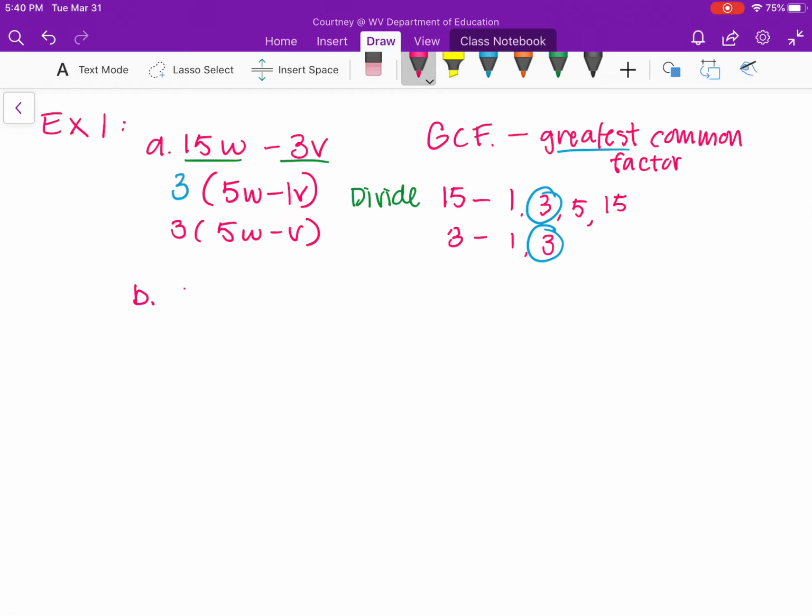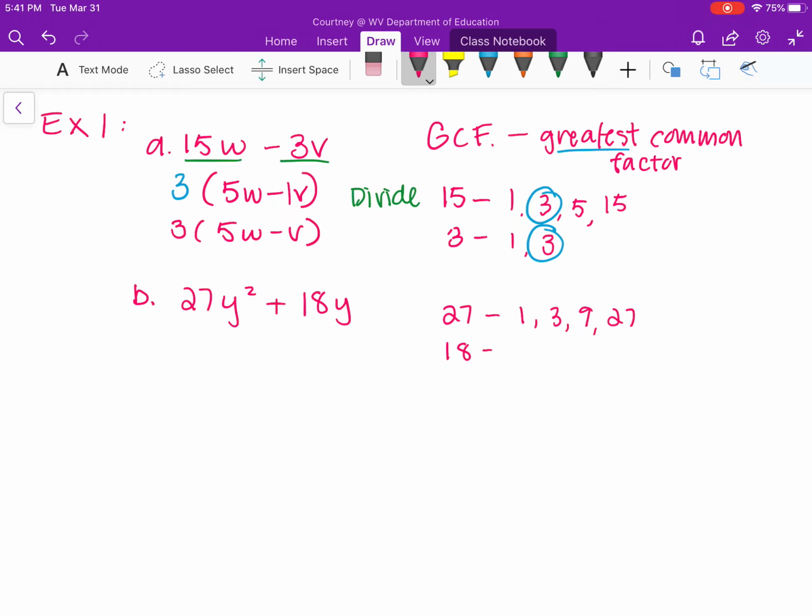Part B is 27y squared plus 18y. So let's find out what 27 and 18 have in common. Let's list their factors over here. We have 1 and 27 and 3 and 9.